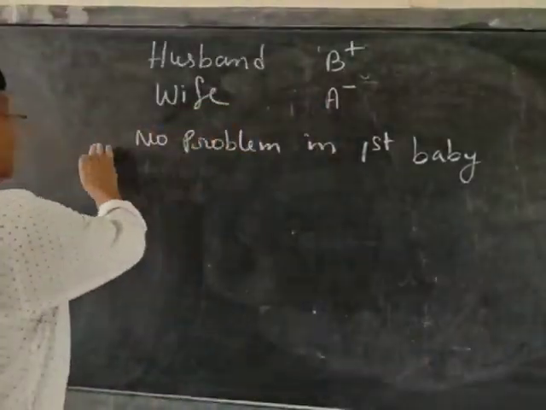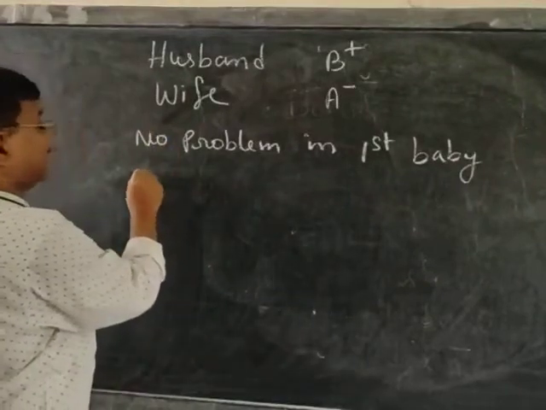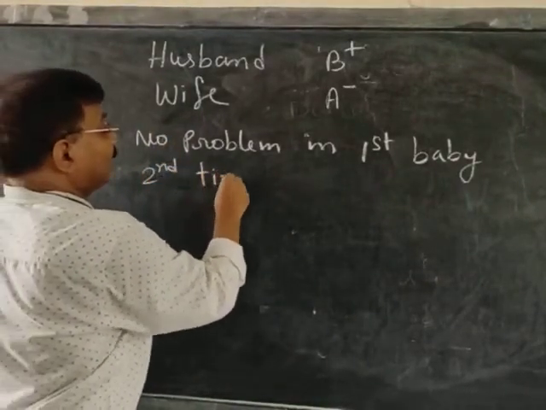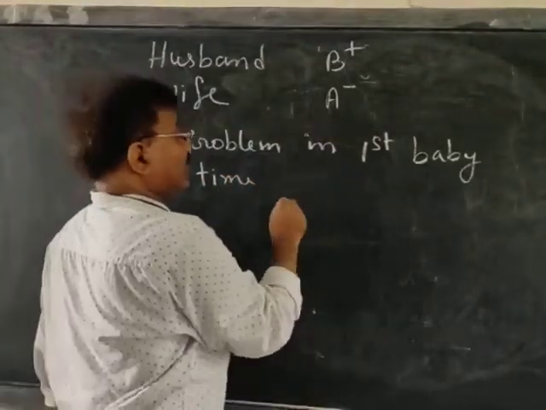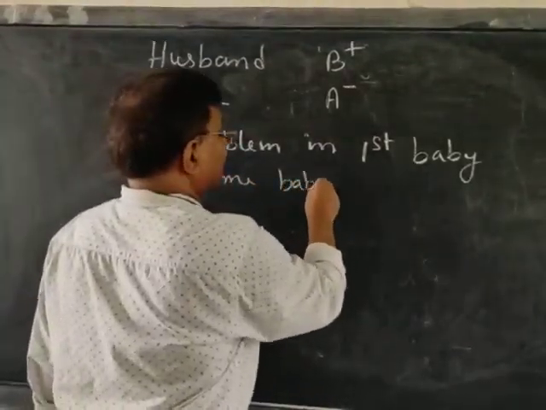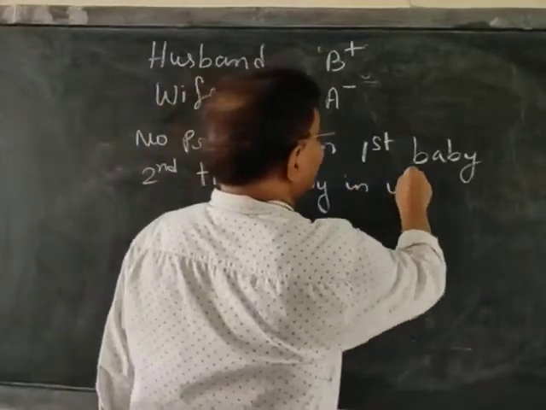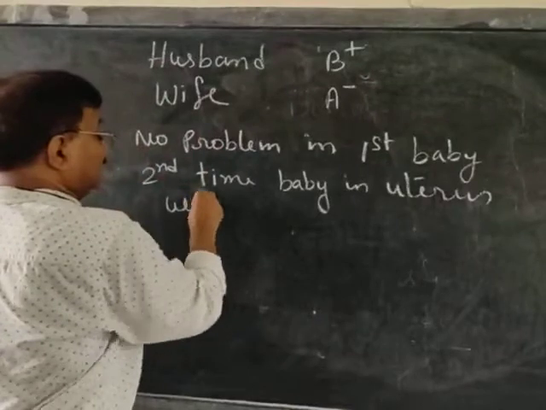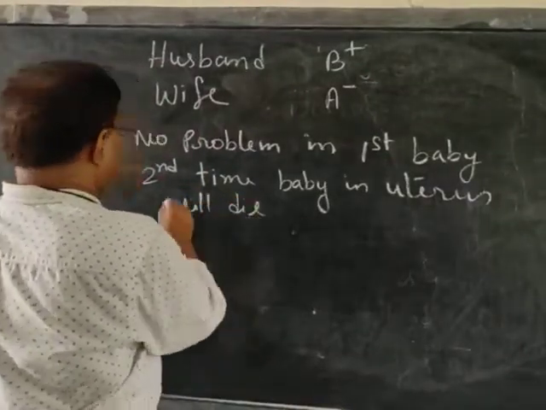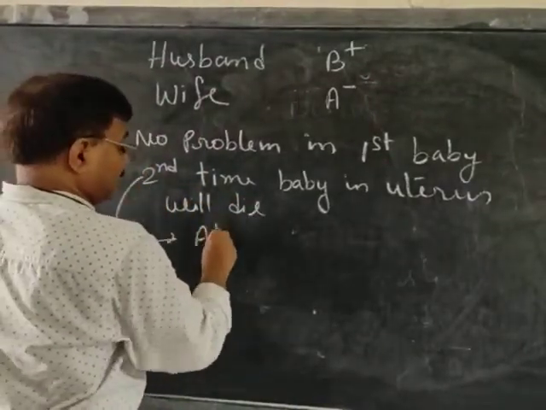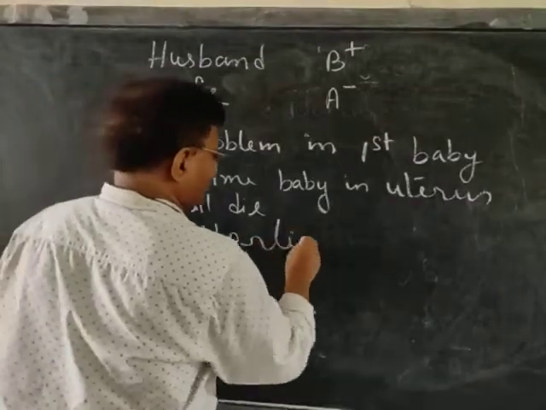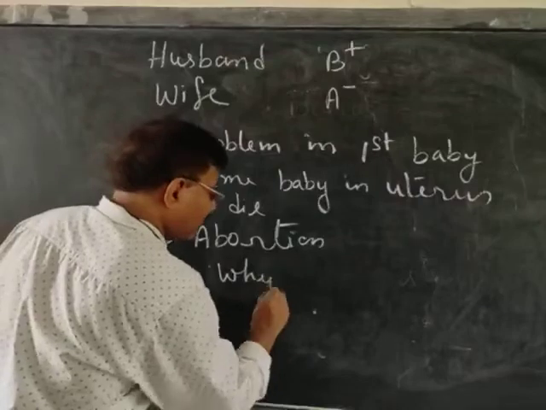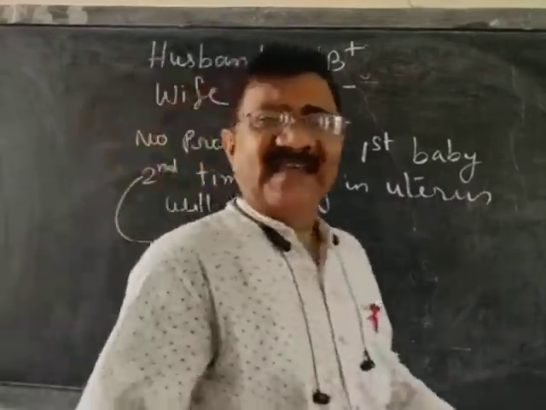But if the wife conceives a second time, the baby in the uterus will die, or there will be abortion. Why will the baby die the second time?